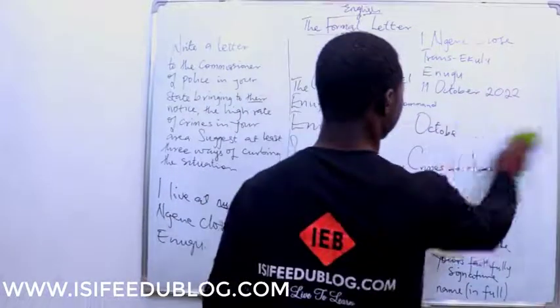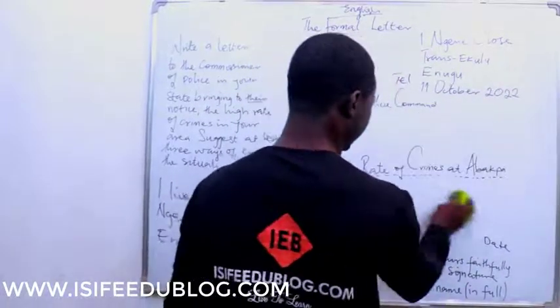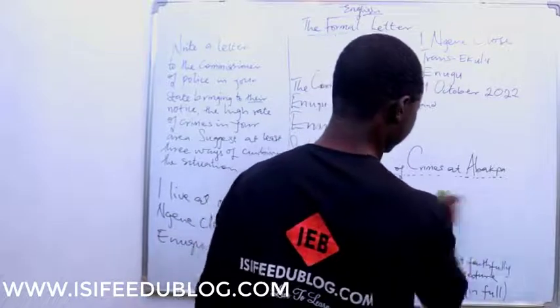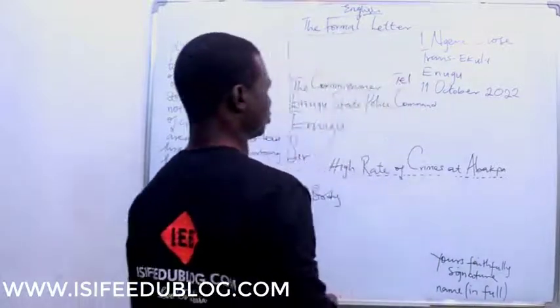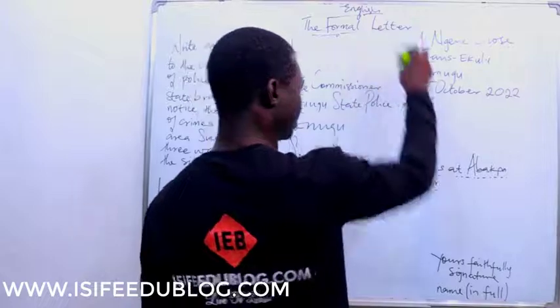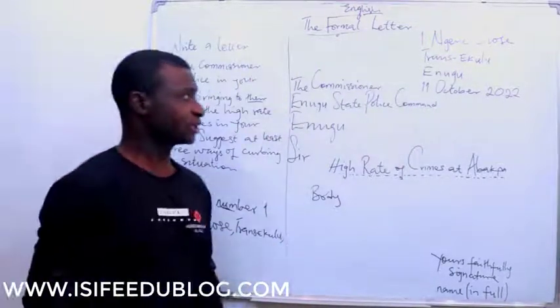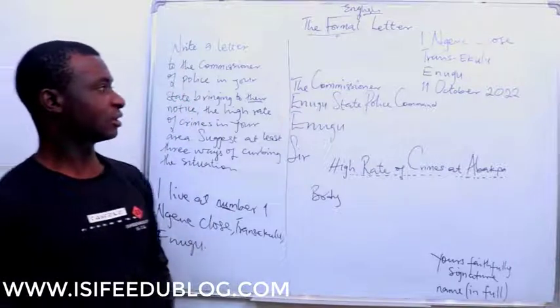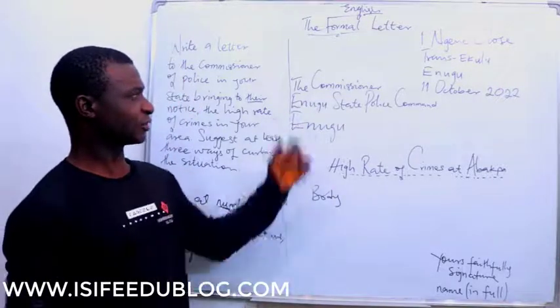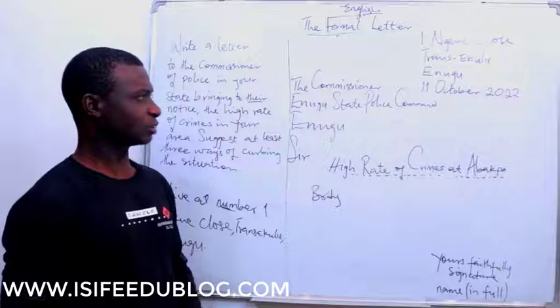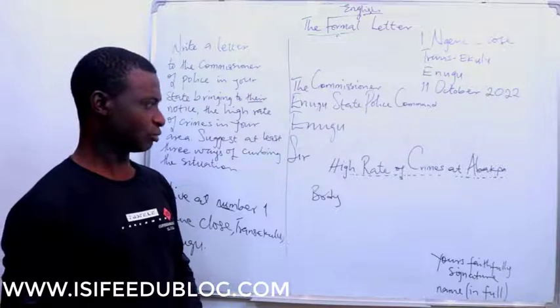Okay, moving from the date, we go to the recipient's address. Now, we have on the board the Commissioner, Enugu State Police Command, Enugu.